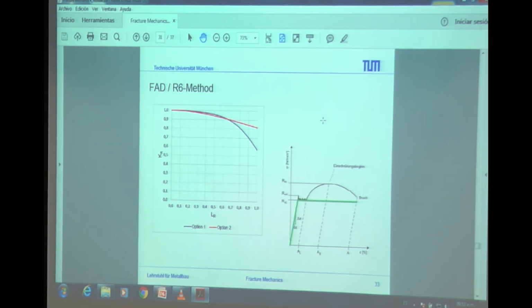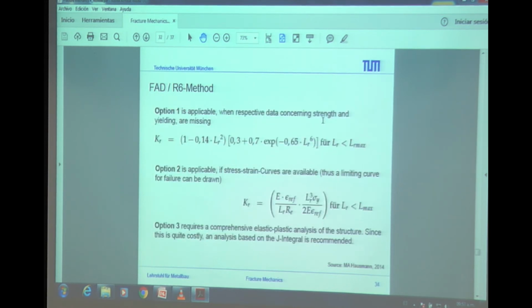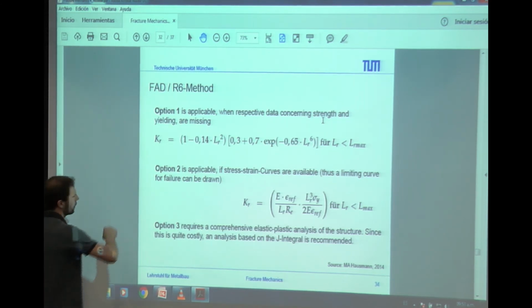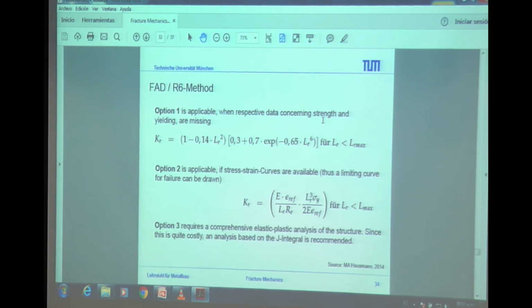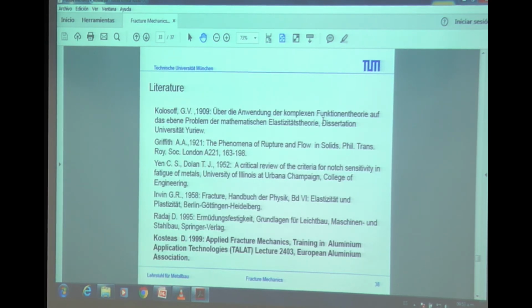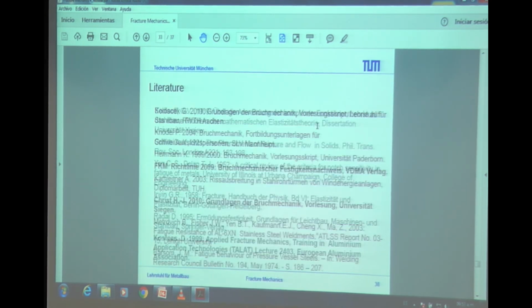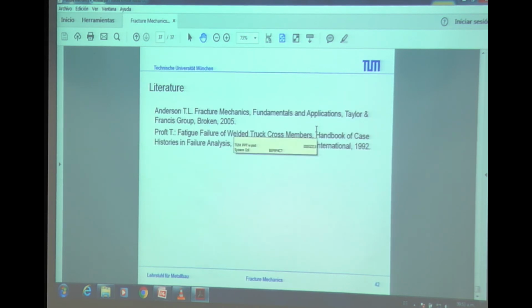And for example, if you go for a material which has more information, then you can also go to option 2. So this is basically the description of the formulas, which were conducted due to the R6 method.